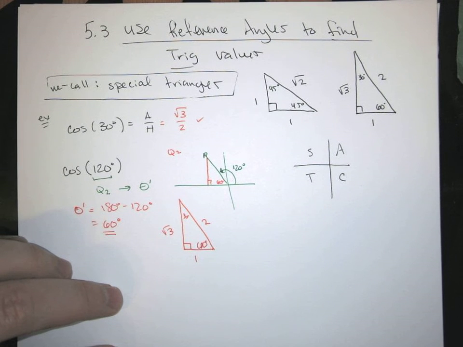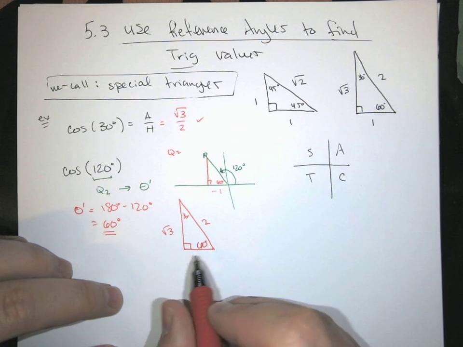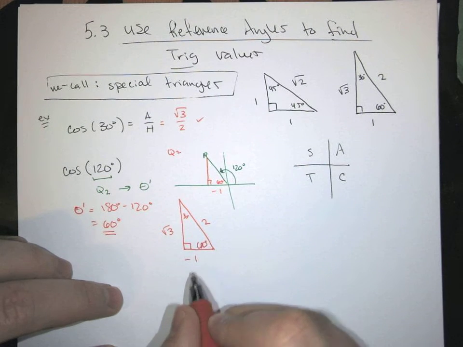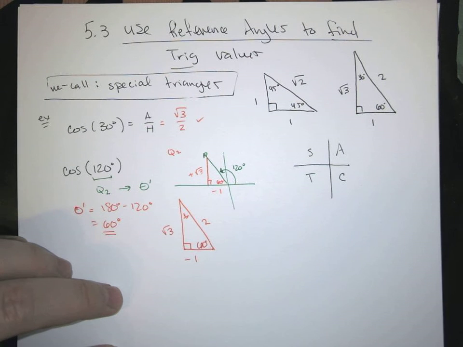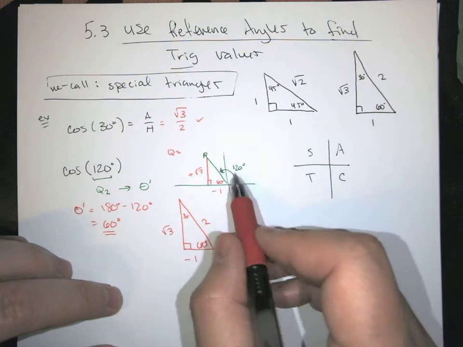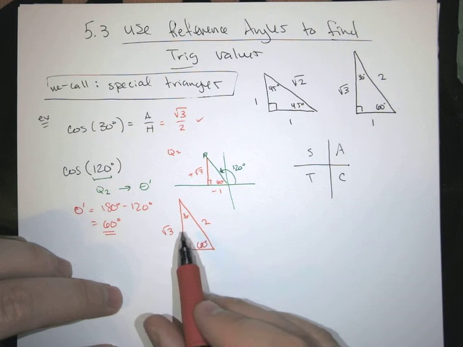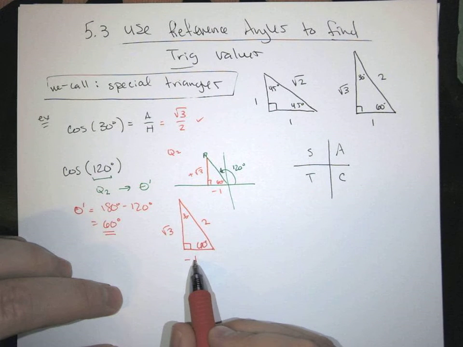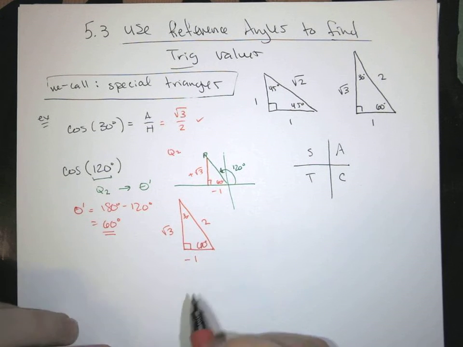But because we're in the second quadrant, the x value, which we can see here, should be negative 1, so this should be negative. Root 3 is positive, and then the radius, that 2, is also positive. So 120 gives us this particular 30, 60, 90 triangle with negative 1 on the bottom, root 3 and 2 both positive here.